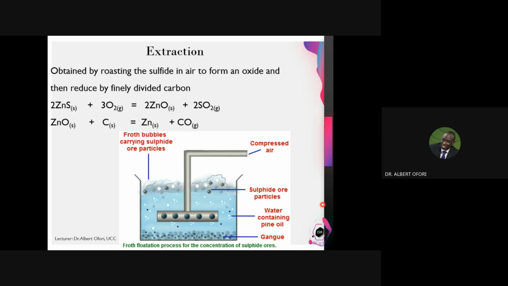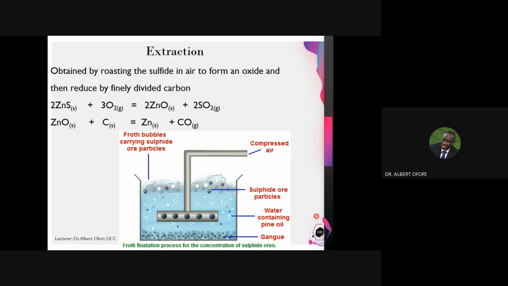So it goes through steps like the flotation. Then the next step, when we are adding the oxygen, we call the roasting. Then we add the carbon in the form of reduction, and that is where we release the zinc metal.